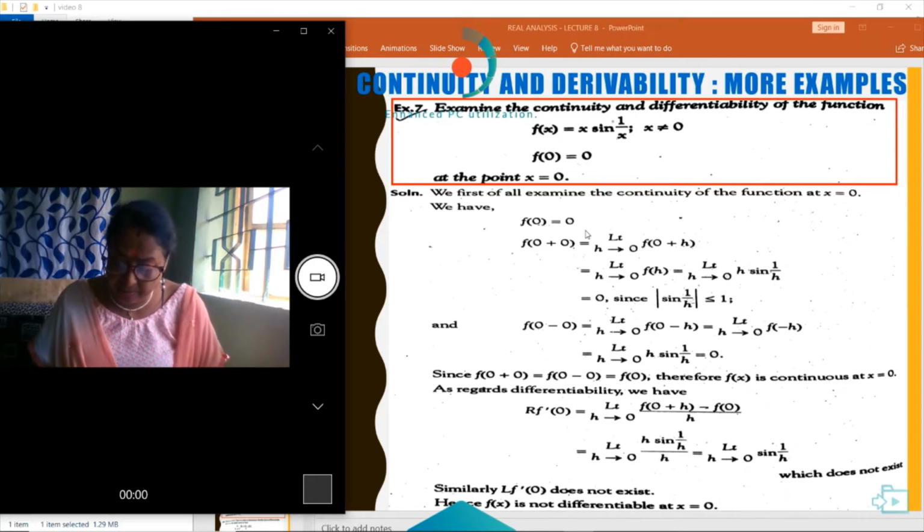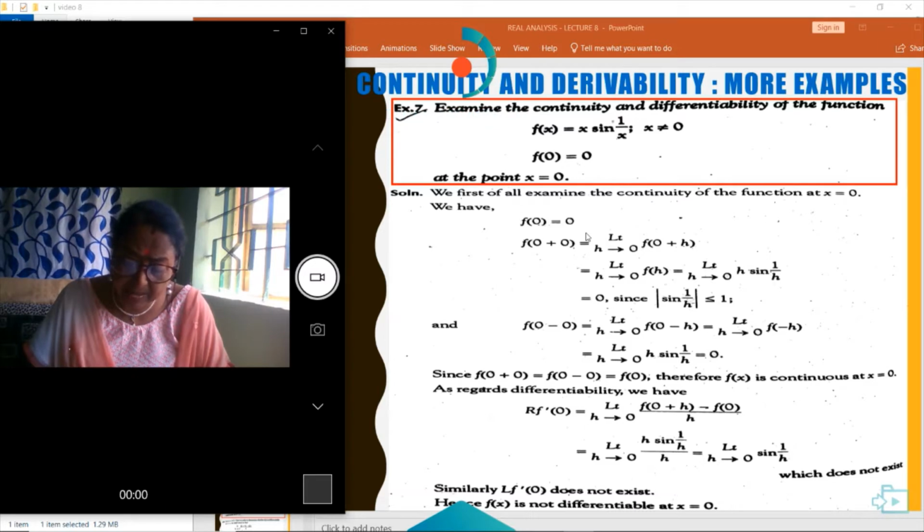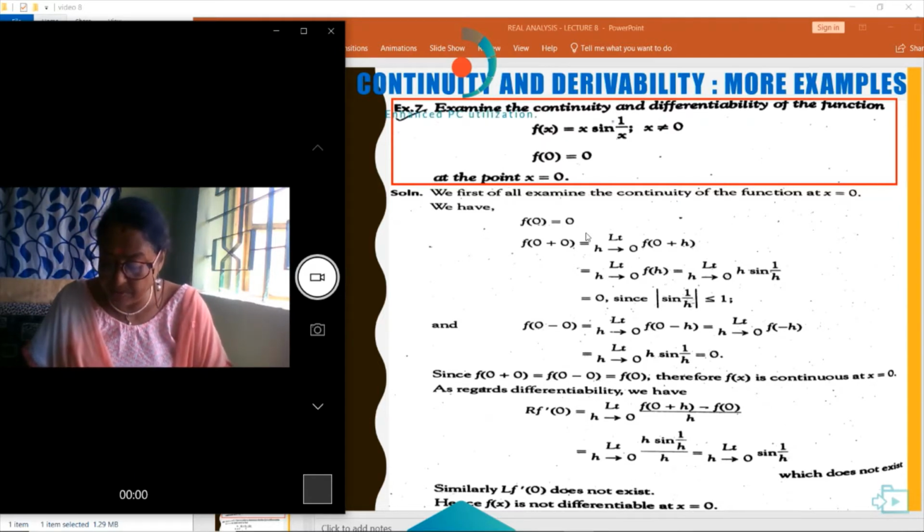After putting f(0+h) and h tends to 0, we get 0, since here it is h sin(1/h). The modulus of sin(1/h) oscillates between -1 and +1, so after calculation this value becomes 0.